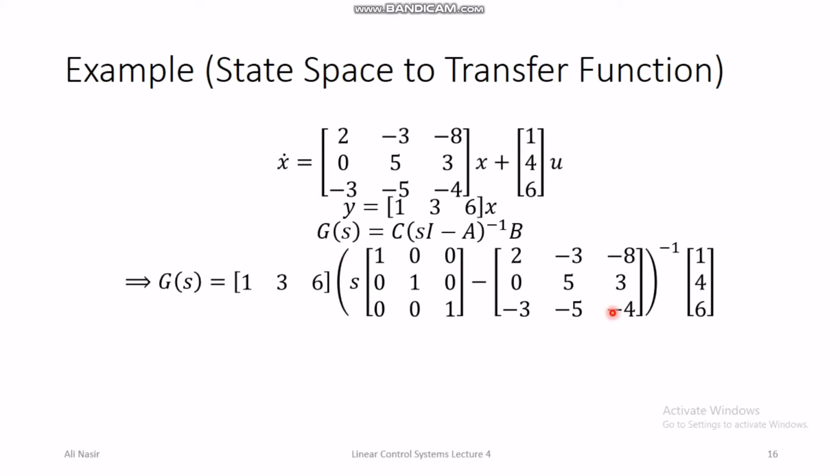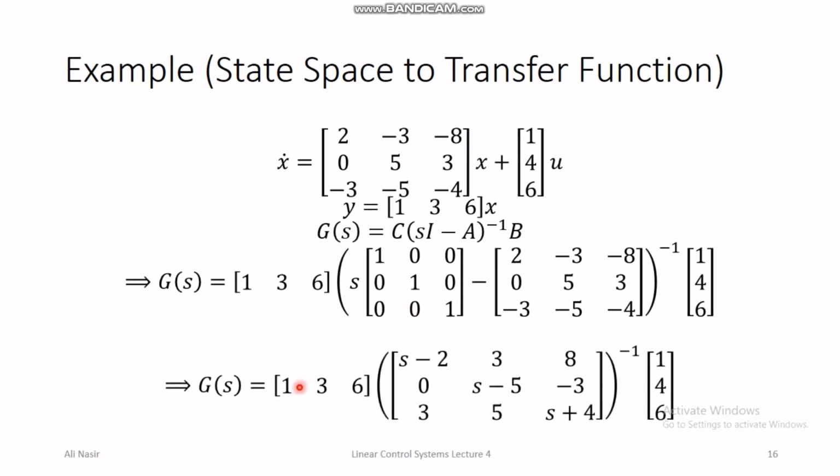This is 1 cross 3, 3 cross 3, and then this is 3 cross 1. So if you multiply all three of them, this will be 1 cross 1. So the transfer function is basically a scalar complex number.